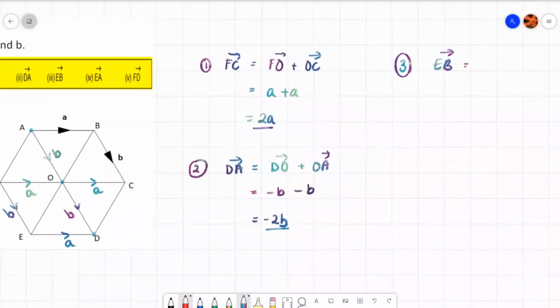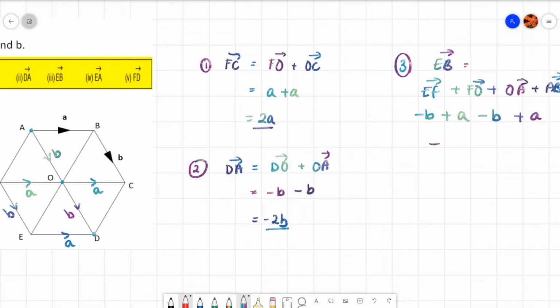So E to B, I'm going to go E to F plus F to O plus O to A plus A to B. E to F is minus B plus A. O to A is minus B plus A. Right, minus B is minus 2B plus 2A, and I can write it like that, or I can write 2A minus 2B. Up to you which order you want to do it in.